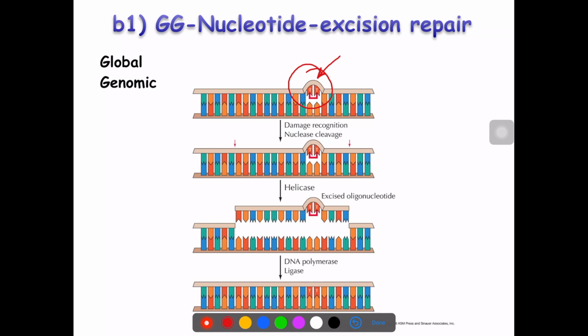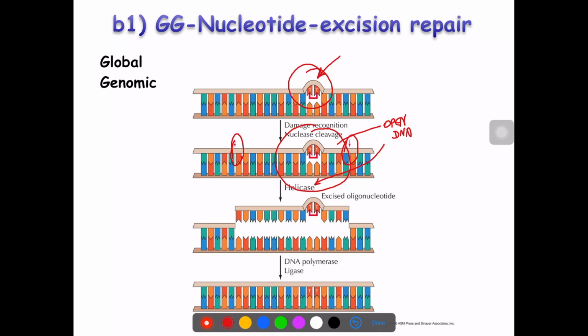Number one, it needs to break the double-stranded nature of that particular section of DNA. So it needs to open up the DNA, and that will be a helicase activity in order to open the double-stranded DNA molecule. And the other thing that is required is you also need to recruit enzymes that will cleave around the region that contains the damage.